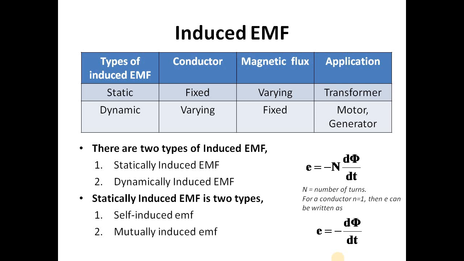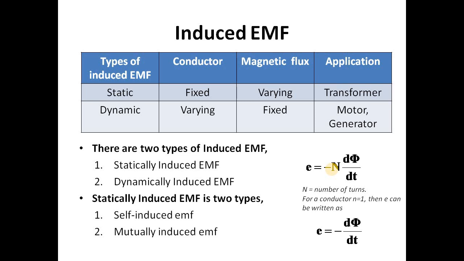The minus sign is there because the EMF induced in the coil will flow in the opposite direction to the source which produces this magnetic flux. So this is as per Lenz's law.